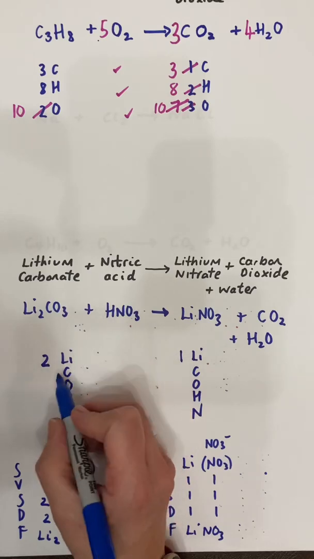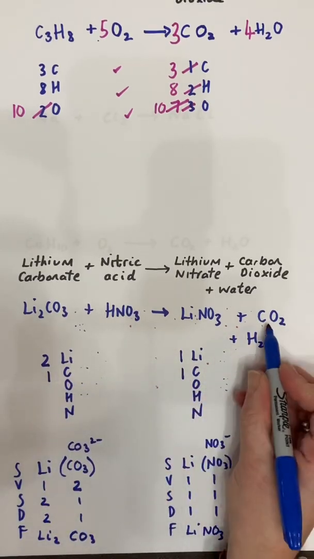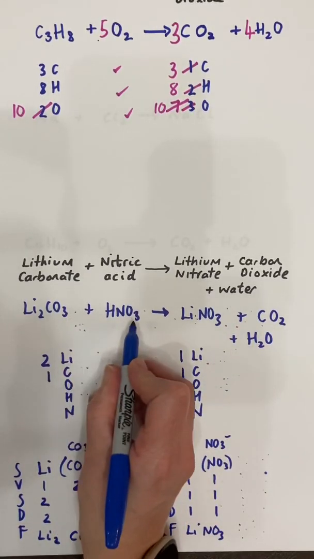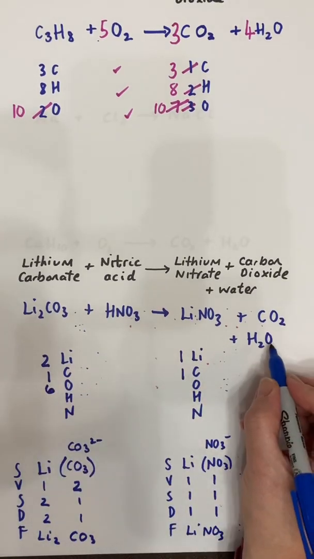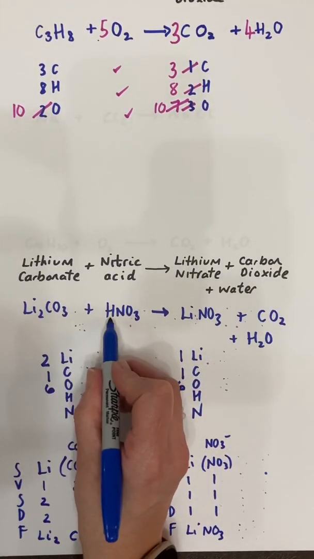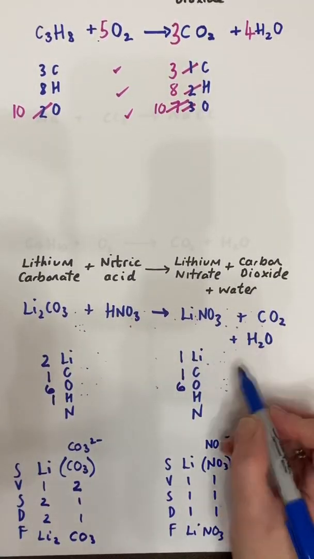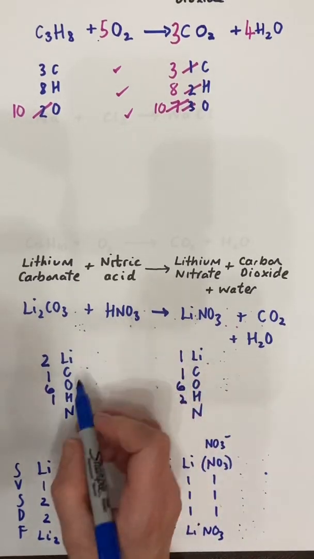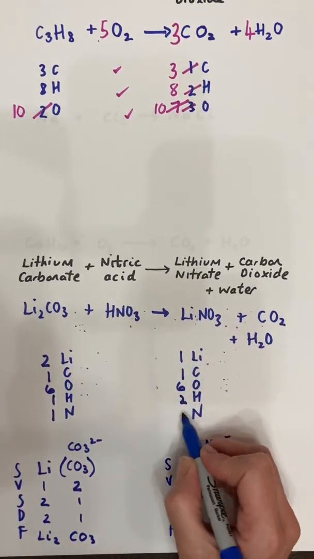Carbon only 1, carbon only 1. Oxygen 3 here and 3 here, so 6. 3 here, 2 here, 1 here, 3, 4, 5, 6. Hydrogens 1, hydrogens 2, nitrogens 1, nitrogens 1.